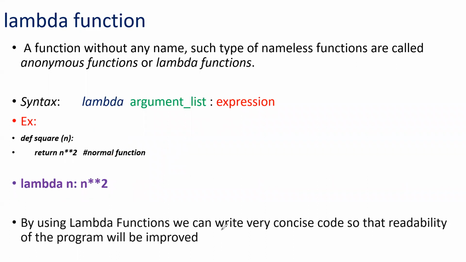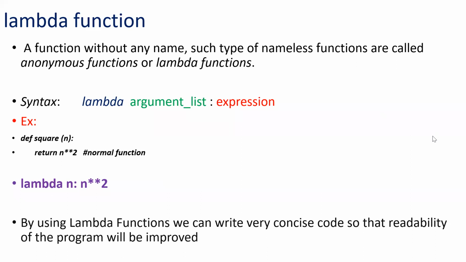By using the lambda function, we can write very concise code. You can check here: two lines of code in the regular way, and only one line here, and readability is also easy, because this is the expression and this is the variable. This is why it's very important. You need to practice more and more on the lambda function.